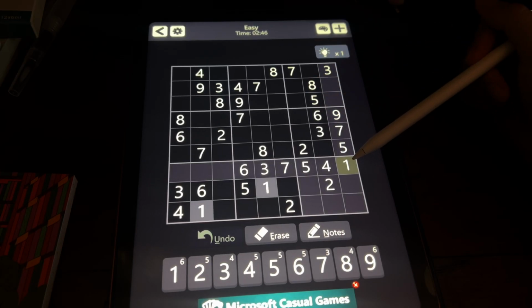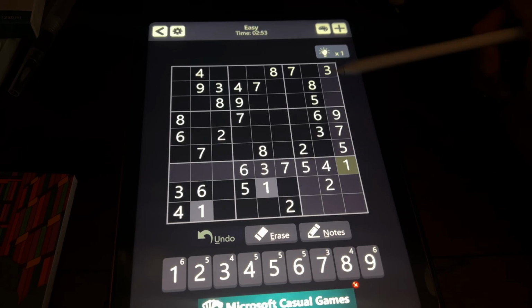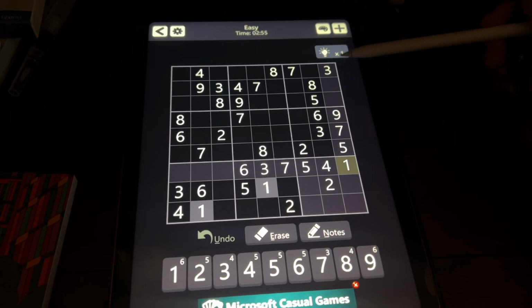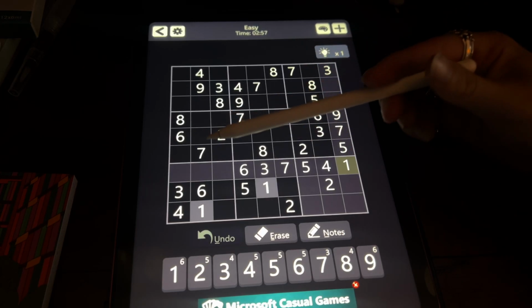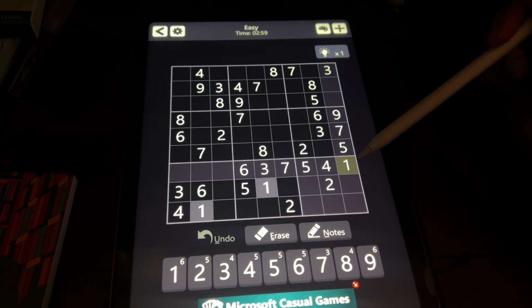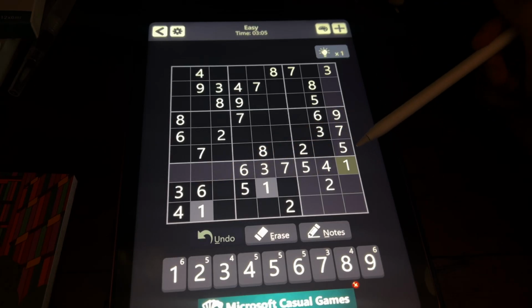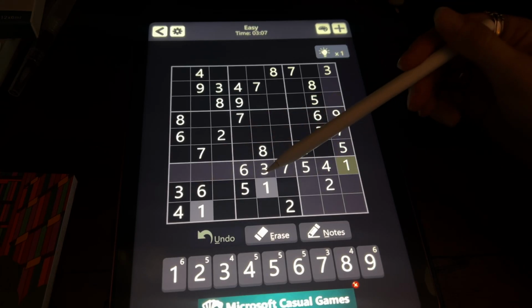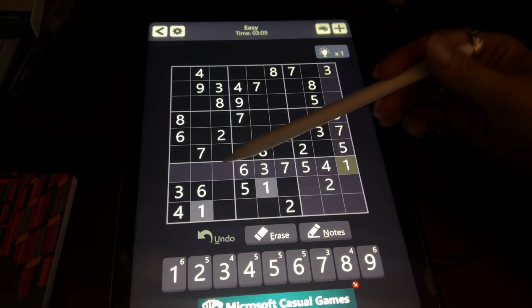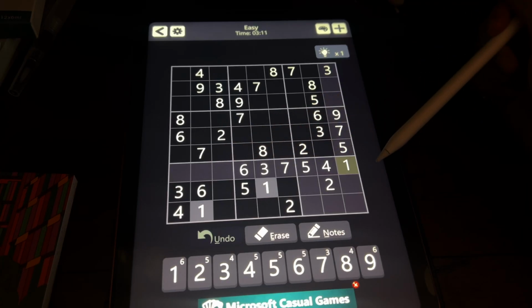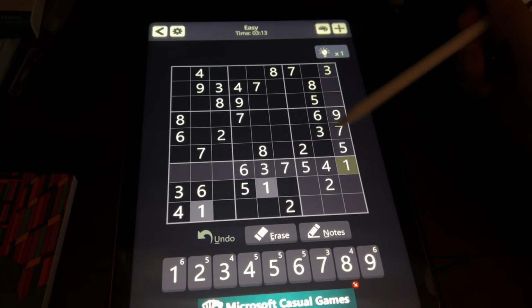There is already a 1 in this column, so there cannot be another 1 here, and there cannot be another 1 here, and there cannot be another 1 in this square. No, that's not right.